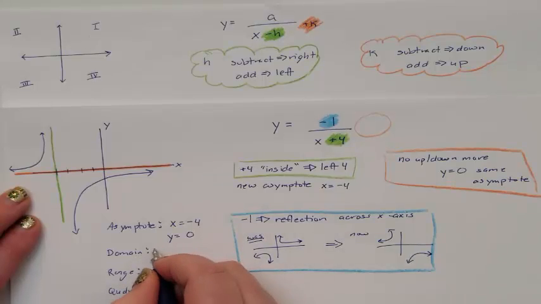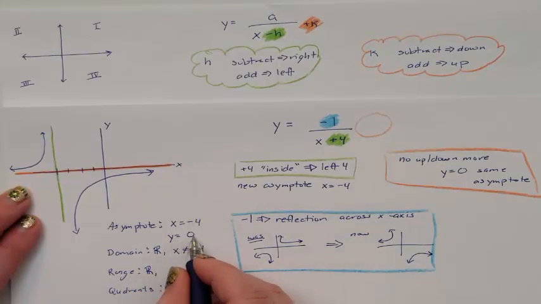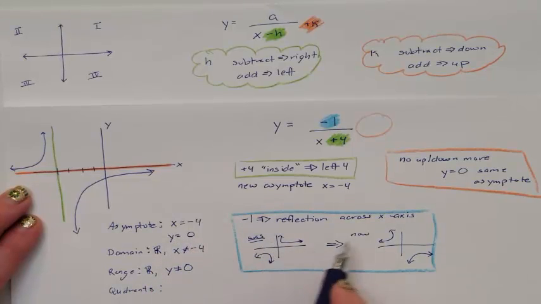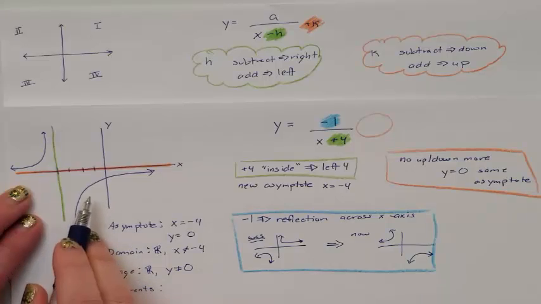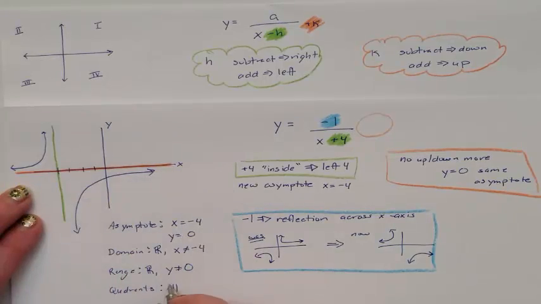Domain is all the x's, so we have all real numbers, but we could not have used the x at -4. Our range is all the y values, and we did use all the y values, but you couldn't use it when y was 0. And because of this reflection, our quadrants moved. So we're now in this one, which is quadrant 4, and we're now here, which is in quadrant 2. So we used quadrant 2 and quadrant 4.